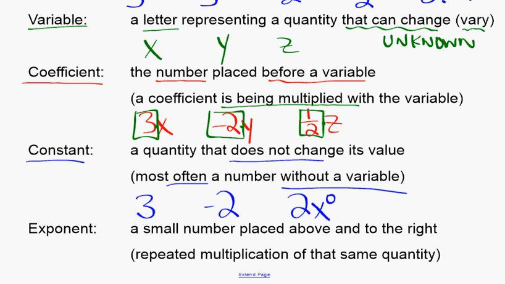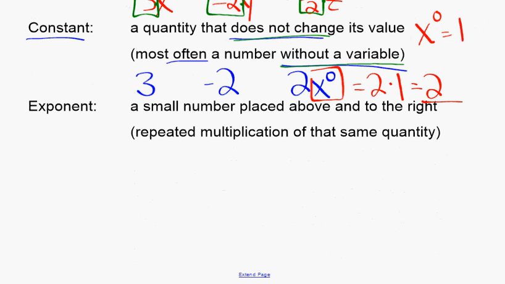This is a little tricky because x to the 0 power is actually equal to 1. Anytime you raise something to the 0 power, you get 1. So this is the same as 2 times 1, which is 2. Thus, it's still constant. Not something you have to worry about too much, but just remember, a constant is most often just a number without a variable because it does not change.